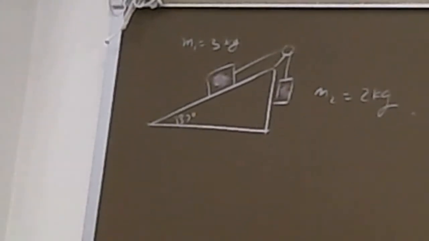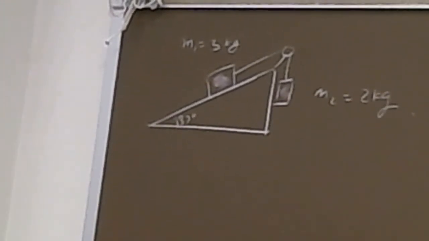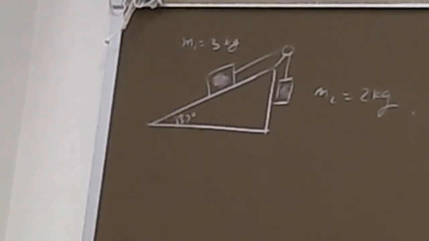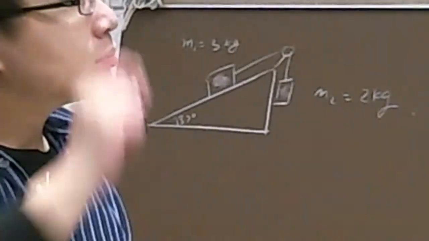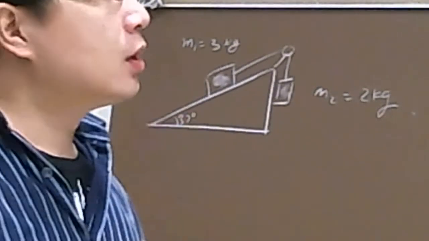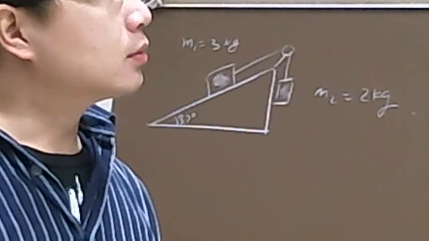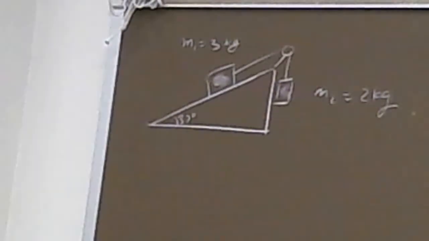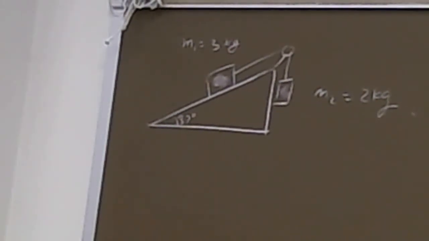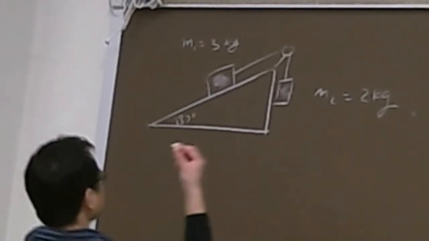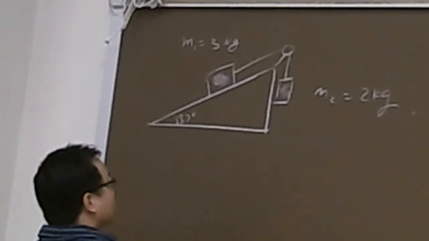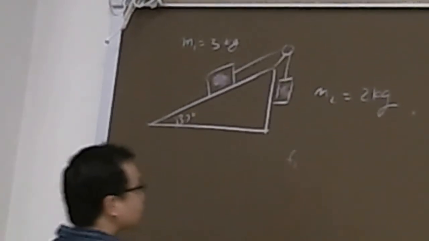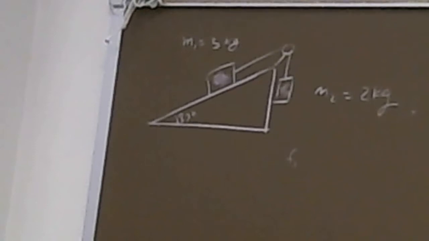Okay. Let's see. In the first situation, block 1 is initially at rest. So you want to consider some static frictional force. We want to find the acceleration.